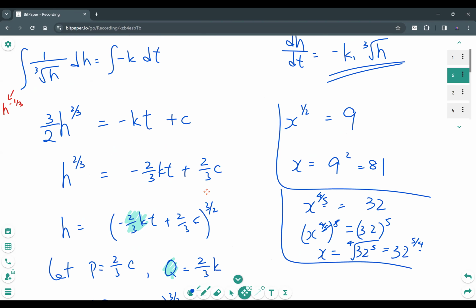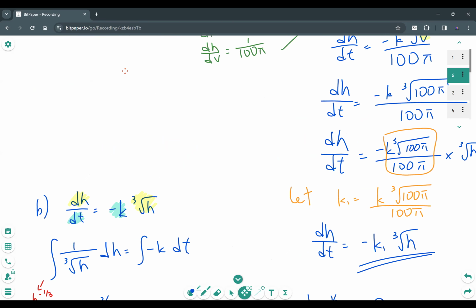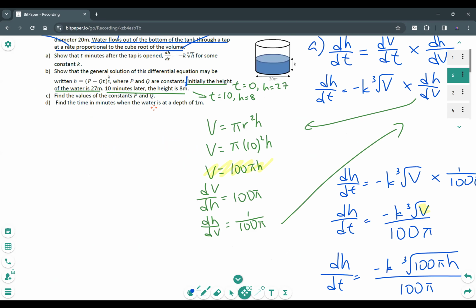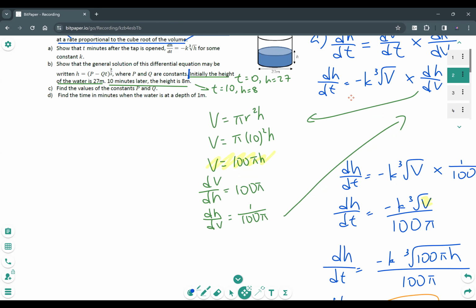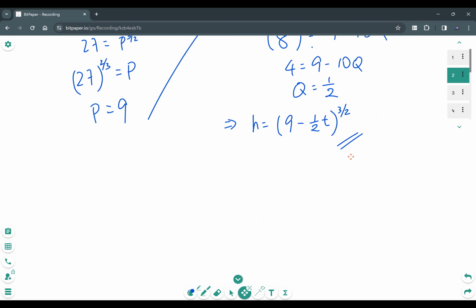Okay, ready? Part D. Find the time in minutes when the water is at depth of 1 meter. So I want to find t, and you're given h. So h equals 1. You just put in h is 1. So 1 equals 9 minus a half t to the power of 3 over 2.